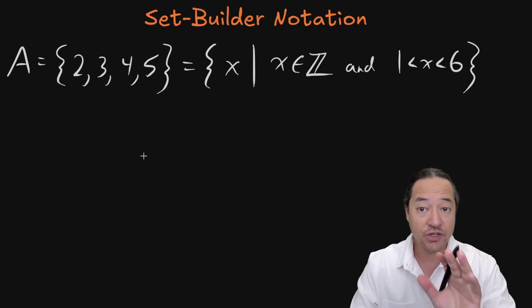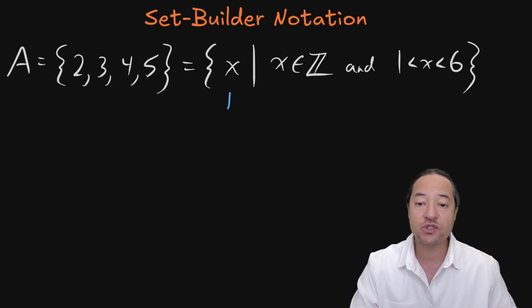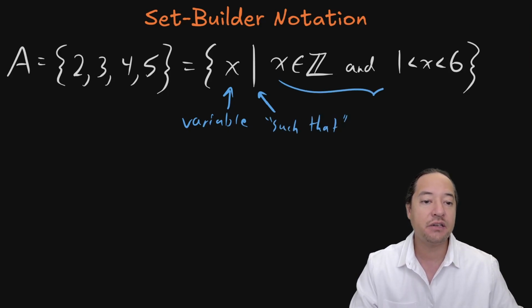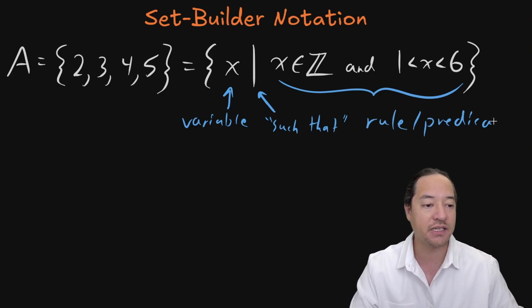Okay, so let's try and understand what we're writing down here. First, we define a variable, right? And then this bar, we can sort of read this as such that. And then here we have what we call a rule, or sometimes also known as a predicate.